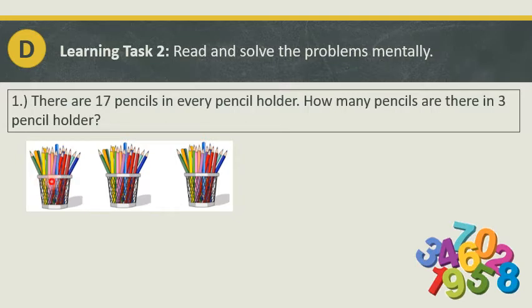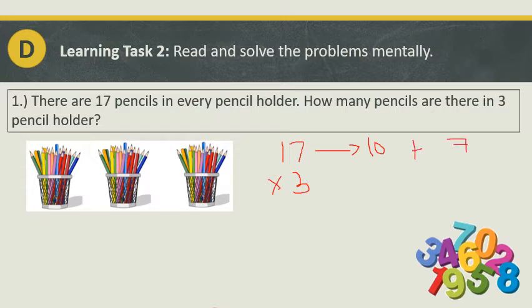So, kung kada isang pencil holder ay 17, so 17, 17, 17, so 17 times 3, so ano po ang ating magiging answer? Okay, so para isolve yan, so sulat lang natin ha, para makita lang natin dito. Pero dapat siya ay mentally. So, ang 17 times 3, pwede natin yung 17 magiging 10 at saka 7. So, di ba 17 pa rin siya?